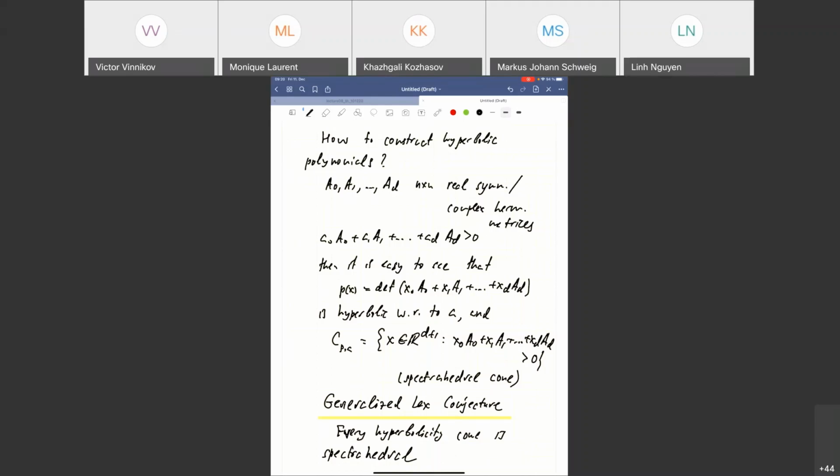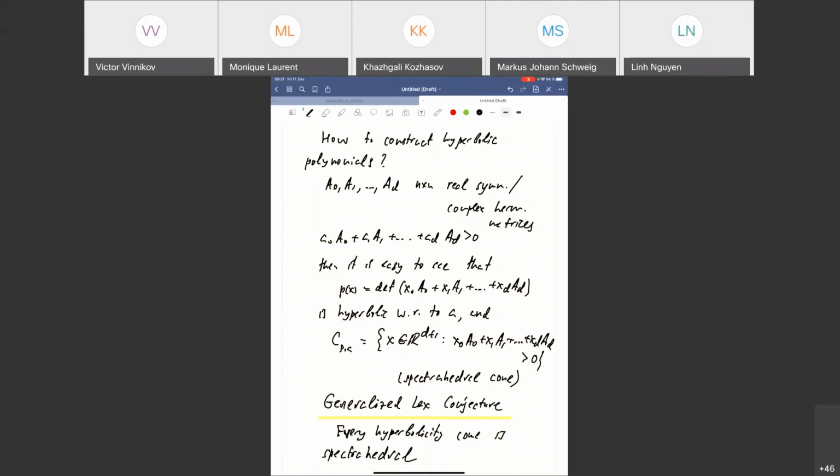And what the generalized Lax conjecture says is that, at least as far as feasibility domains go, hyperbolic programming has the same strength as semi-definite programming. Of course, it doesn't mean that the two are equivalent, because there is the question of the size of the matrices, the complexity, and so on. But at least anything which is a feasibility set for hyperbolic programming is a feasibility set for semi-definite programming.